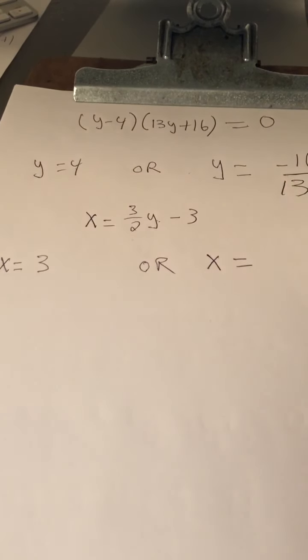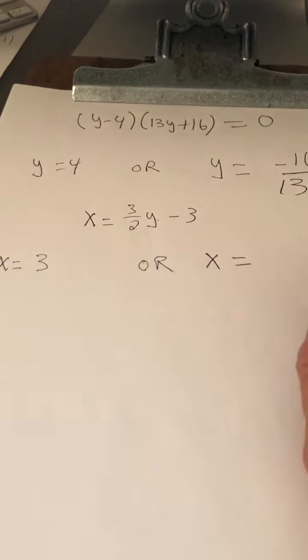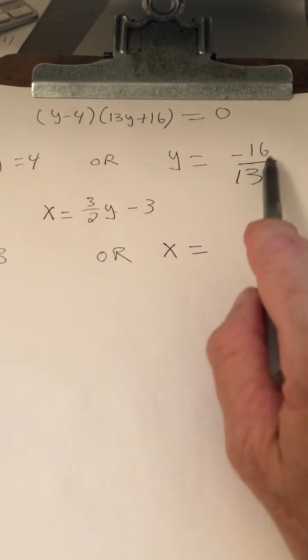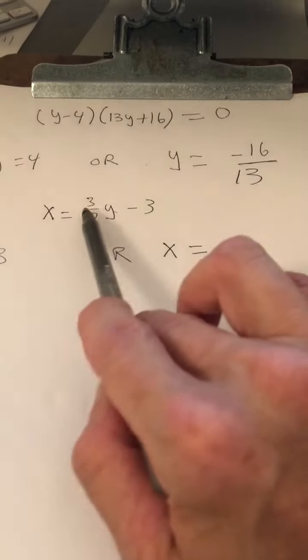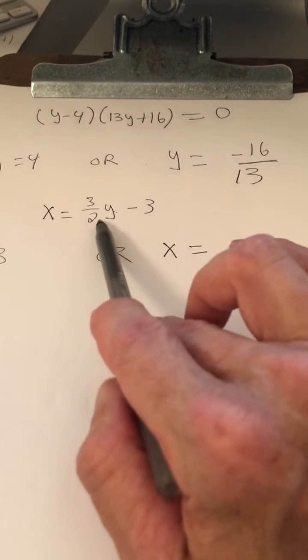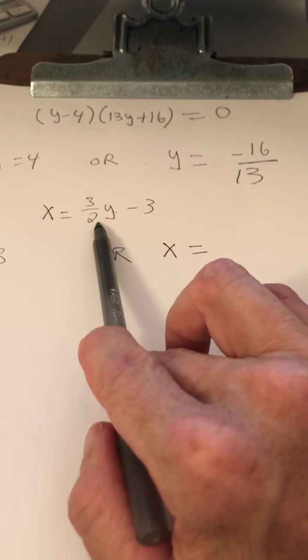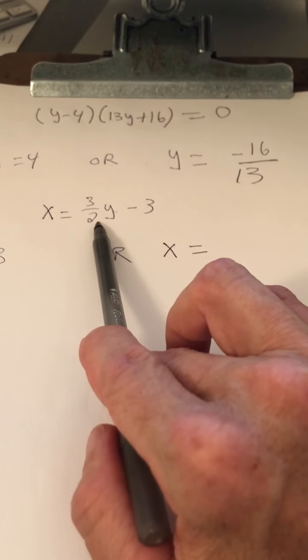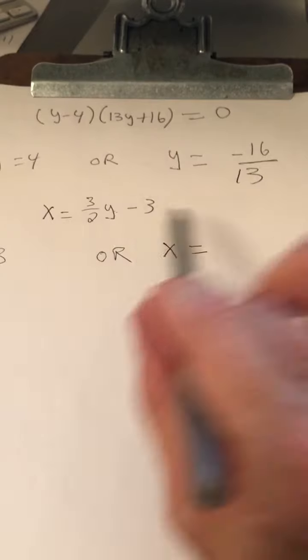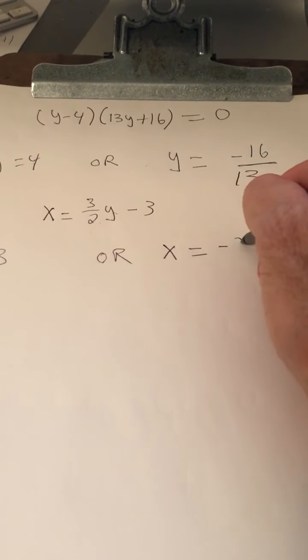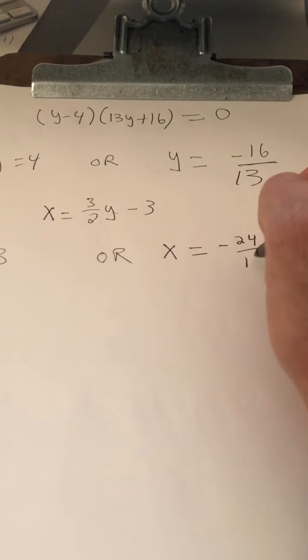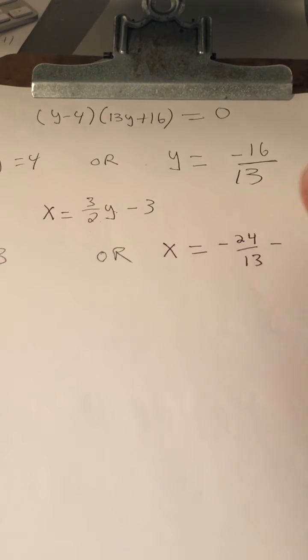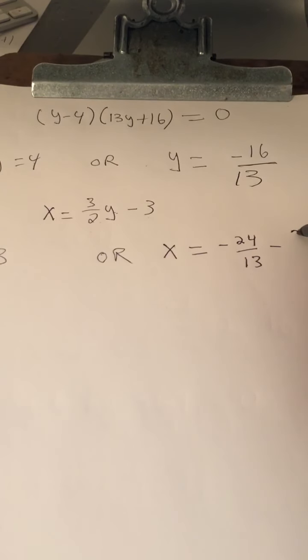or x is equal to, again, I'm going to replace right here y with negative 16 thirteenths. So if I multiply that by 3 halves, 16 over 2 is 8. 8 times 3 is 24, so I get negative 24 thirteenths minus 3, but 3 is 39 thirteenths.